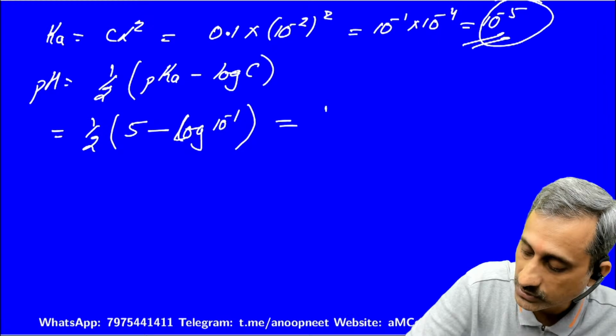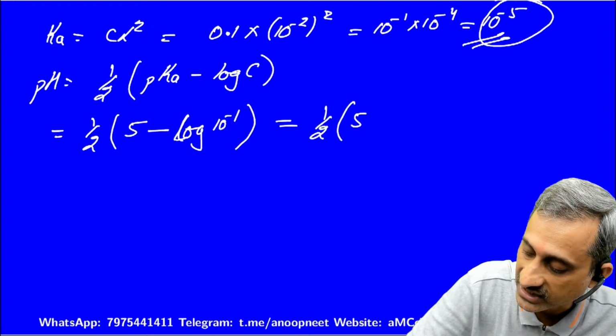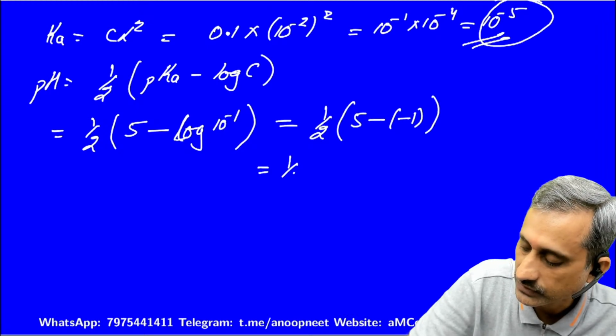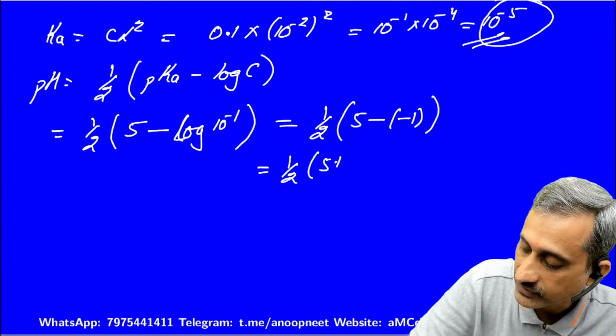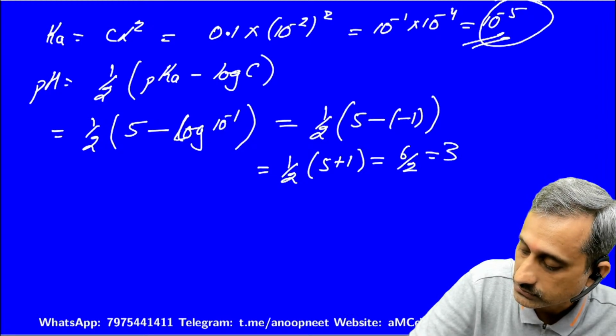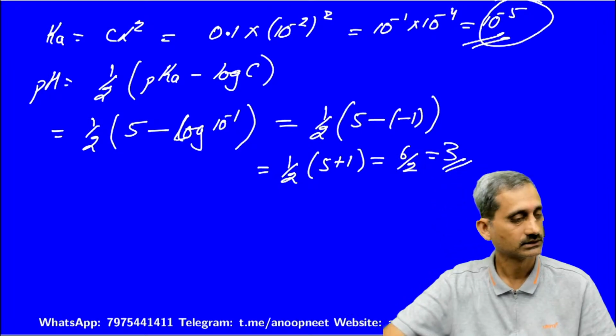Now that would be equal to 1 by 2 bracket 5 minus of minus 1. So that is equal to 1 by 2 of 5 plus 1 is equal to 6 by 2 is equal to 3. The pH is 3.